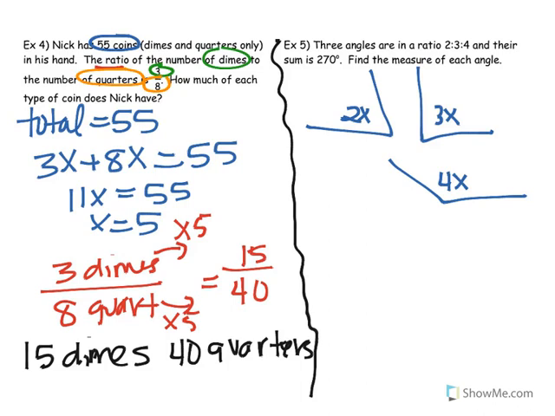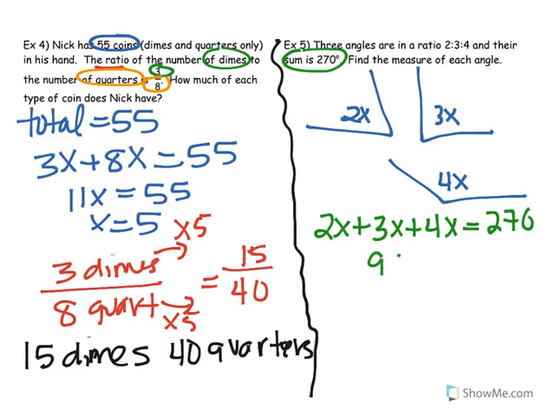But what I know is the sum, all 3 angles added together, 2x plus 3x plus 4x, has to equal 270. Well, 2 plus 3 plus 4 would get me 9x. 9x equals 270. Divide by 9, that means that x is 30.